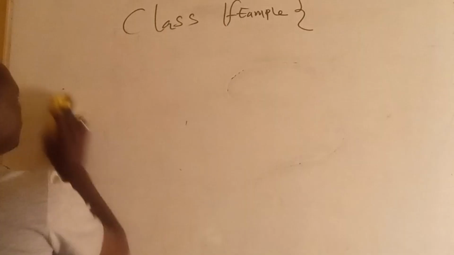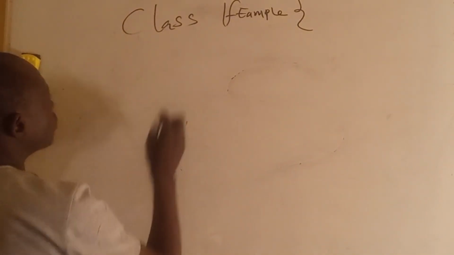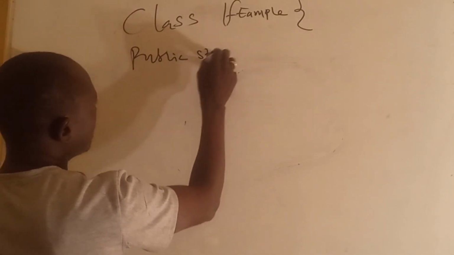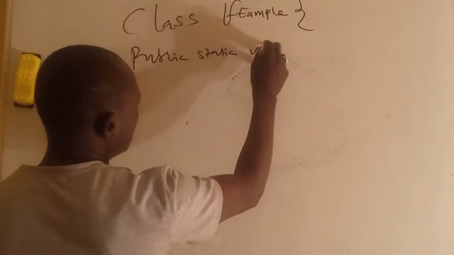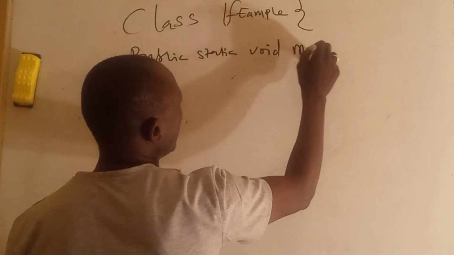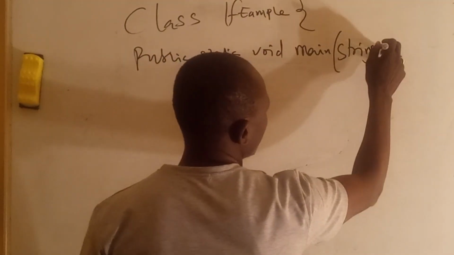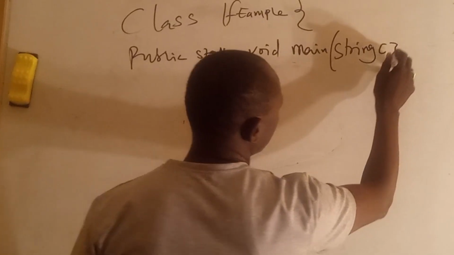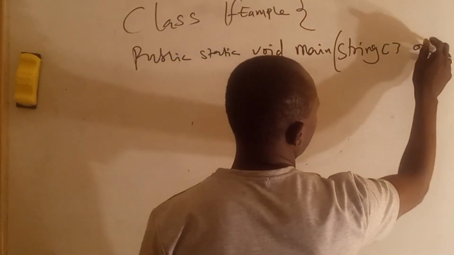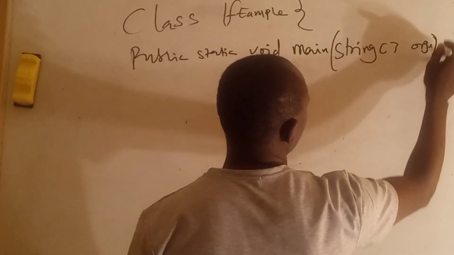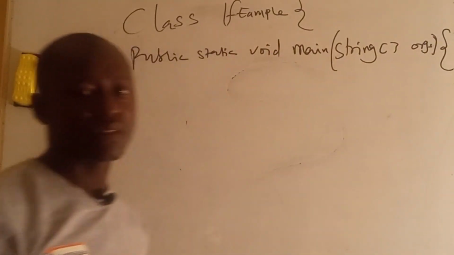So the next thing, we declare our main method: public static void main, in brackets String args. So we open another curly bracket.